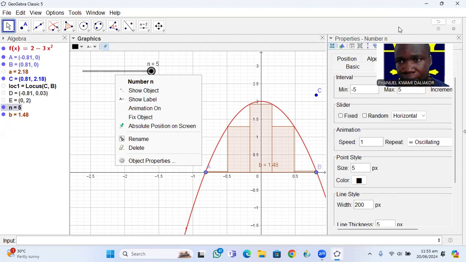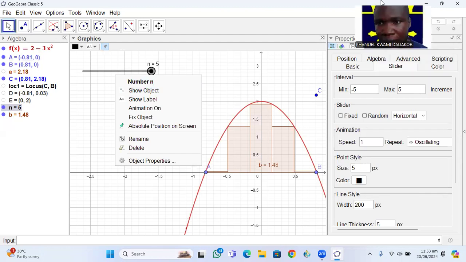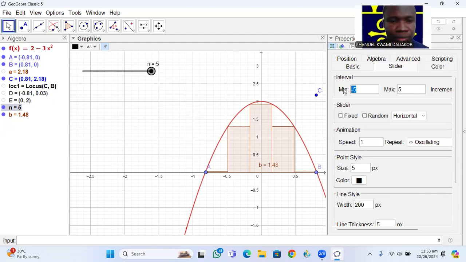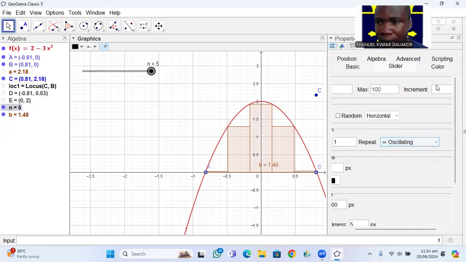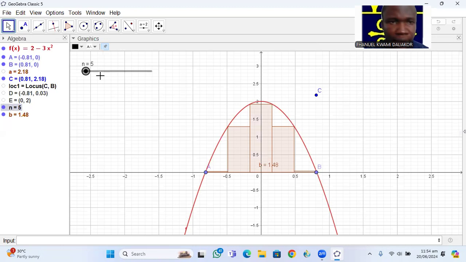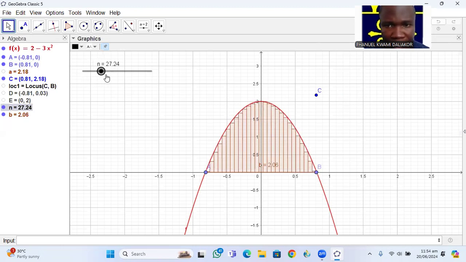Our slider. So the minimum value should be 1. The maximum value should be what? 100. And our increment should be what? 0.01. Okay, let's see what happened. Okay, now we have that.